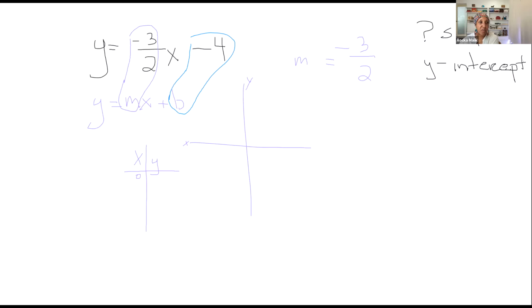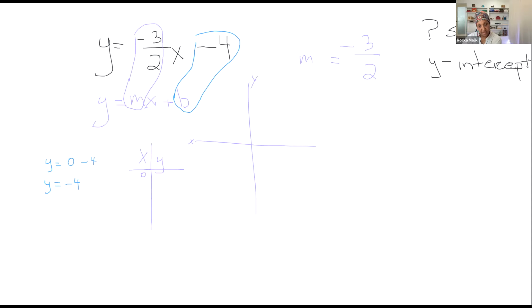I have y equals -3/2 times 0, which is 0, and I have -4 because that's what was given to me. So what's 0 minus 4? -4. And that's what y equals when my x is 0. So (0, -4) is a point.